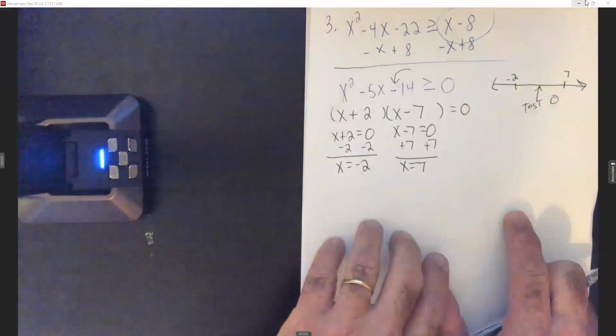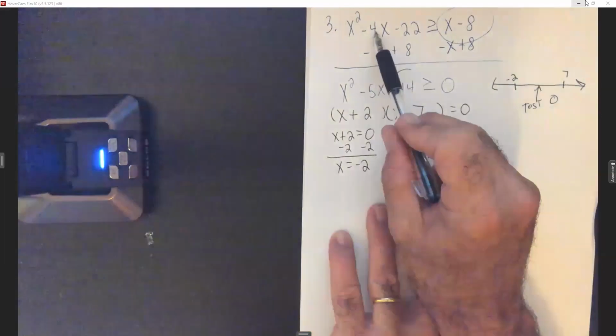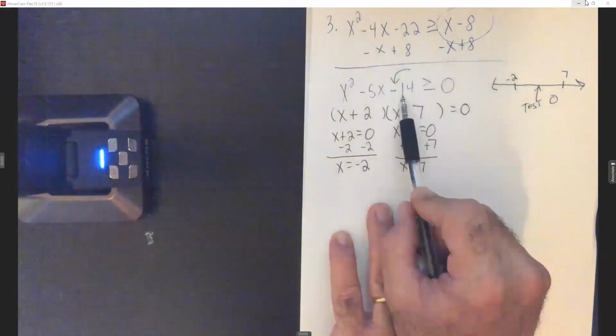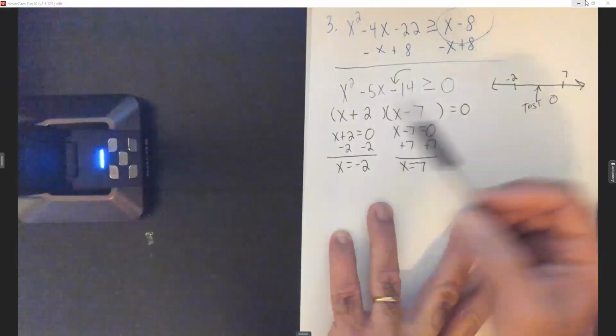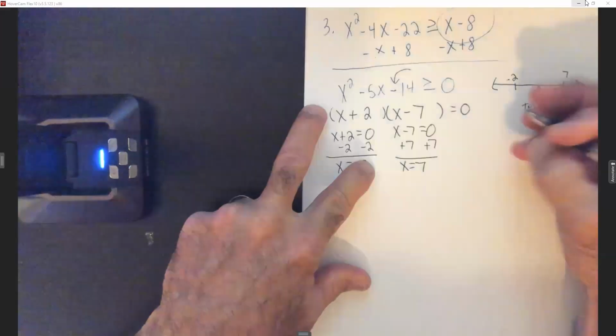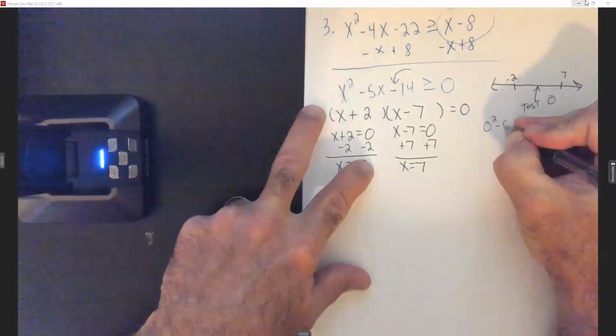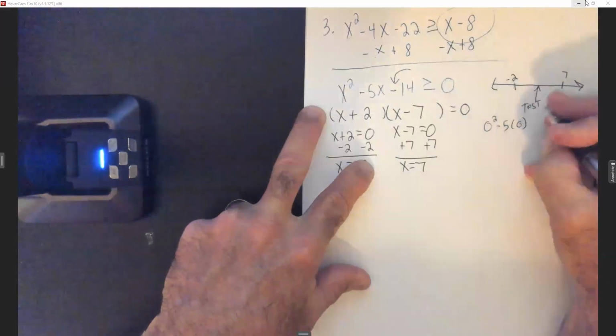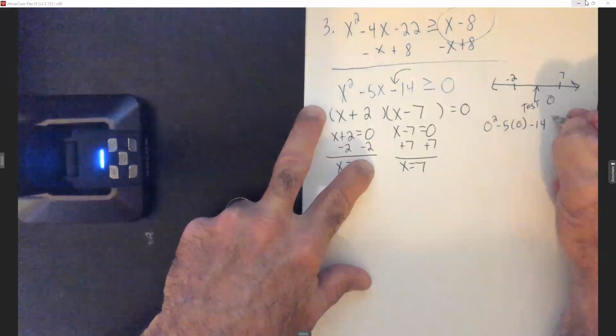Now, what's nice, you can use this equation if you want to test your 0, or you can use this equation to test 0. I'm going to use the easier equation. So I'm going to do 0 squared minus 5 times 0 minus 14 has to be greater than or equal to 0.